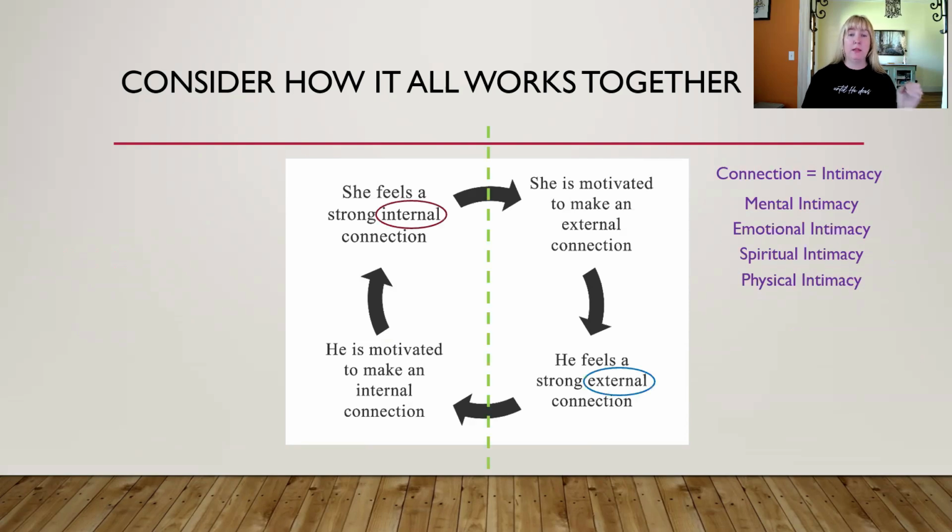And women tend to be more focused on the internal because of that left amygdala, right IPL dynamic, as well as the oxytocin, as well as the dopamine. Okay. So when she feels a strong internal connection, when she's feeling loved and desired and accepted and wanted, she's feeling secure, that's going to motivate her, make her more open to making an external connection.